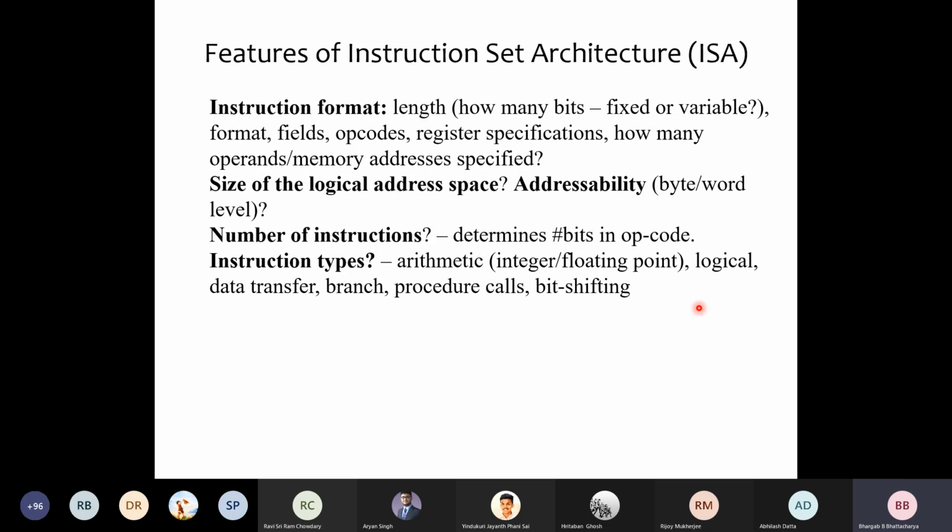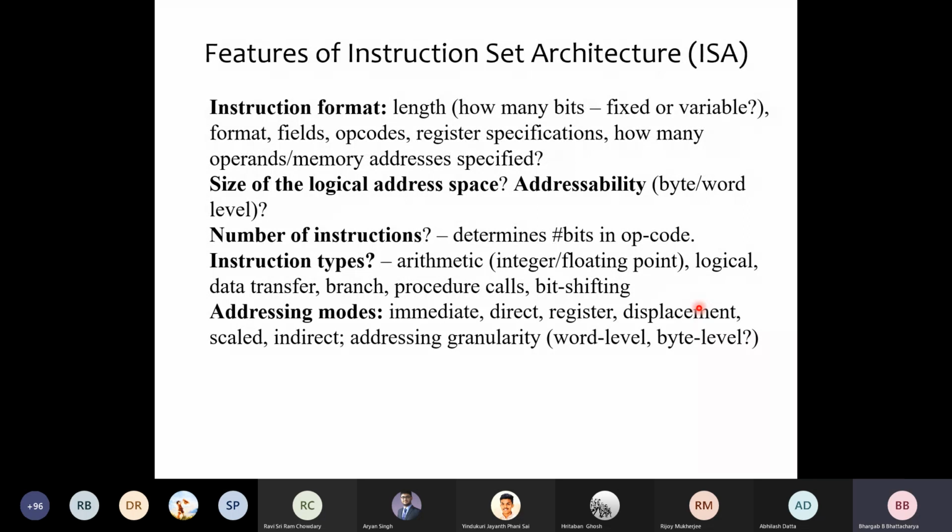There should be instructions that enable branch decisions and procedure calls. Shift the content of the register to the left or right, and so on, bit shifting. So typically these are the instructions you need to have in any instruction set architecture.